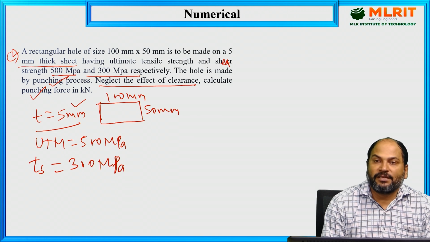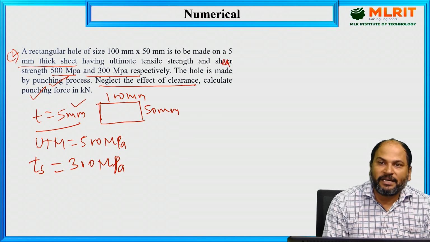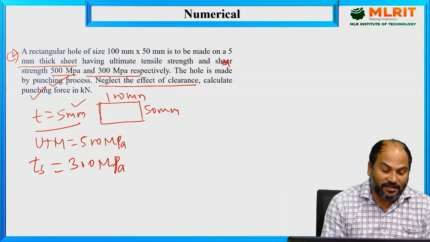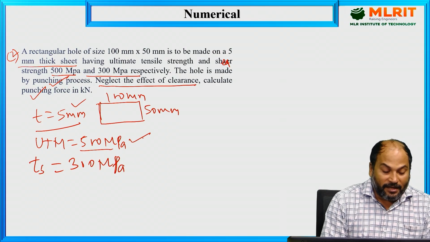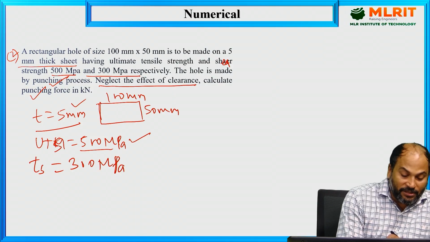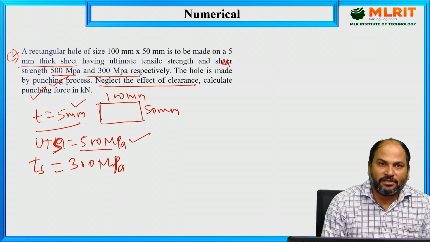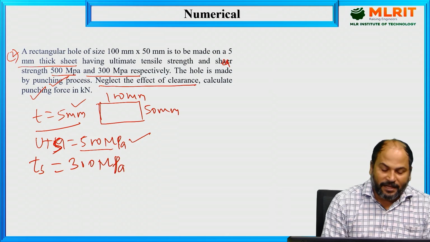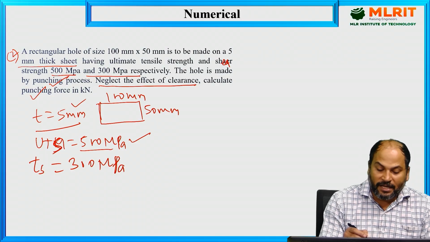Now the material's ultimate tensile strength and shear strength are given. Ultimate tensile strength UTS is 500 megapascal, and its shear strength tau s is equal to 300 megapascal. Then we have to calculate how much force we need to punch out this rectangular hole.